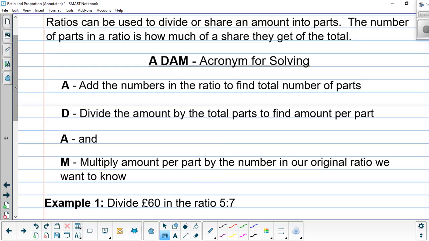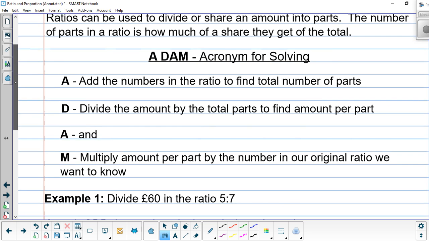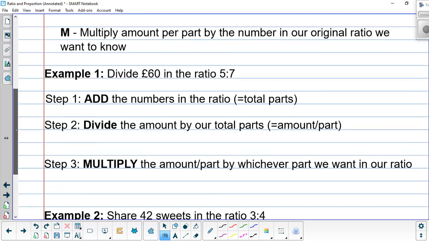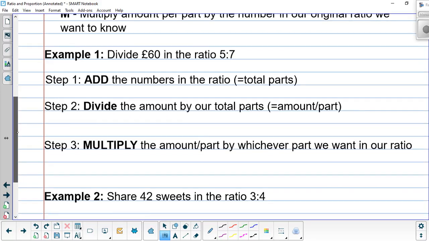So we divide by total parts, what we find when we add all the parts in the ratio together, into the amount given in the question, so our value. And then after, we multiply back into our original ratio. So that way we can tell for each section of the ratio how much it's worth in real value. So if we're looking at example 1, we're dividing 60 pounds in the ratio of 5 to 7.